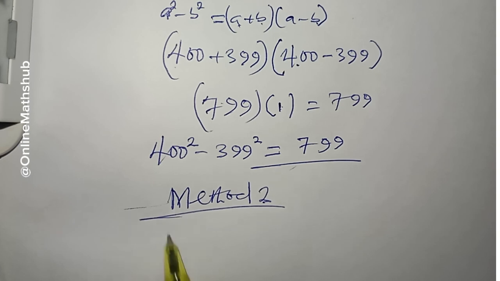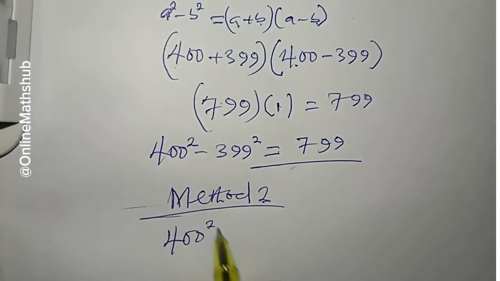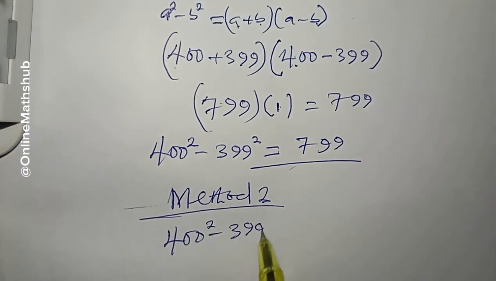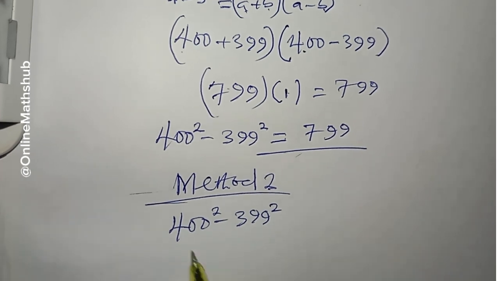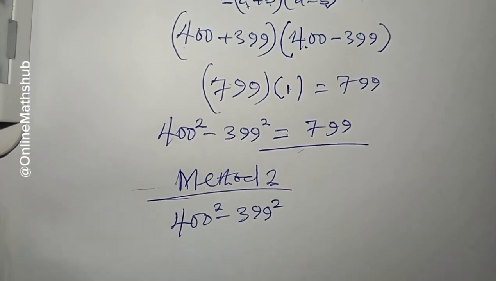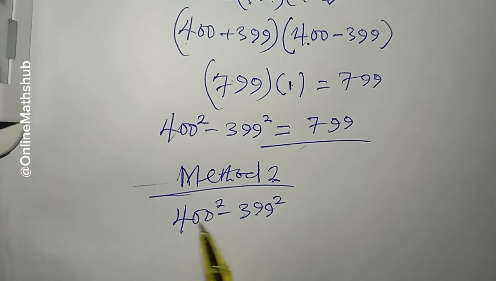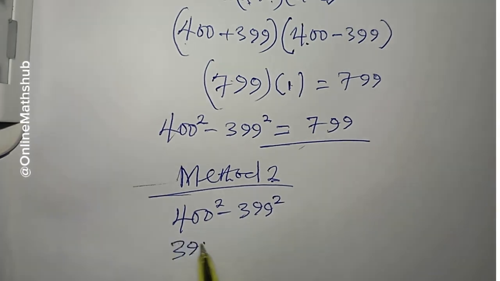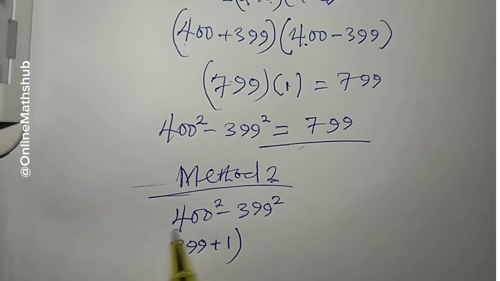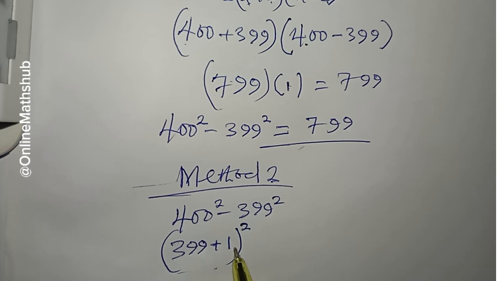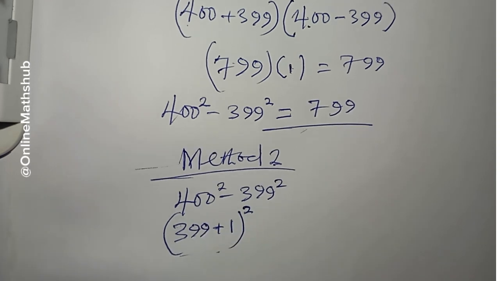Solving using the second method, what we have is 400 squared minus 399 squared. What you're just going to do is to write this 400 as 399 plus 1, all raised to power 2. This is the same as this, because 399 plus 1 is equal to 400.